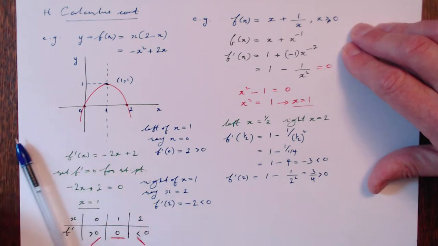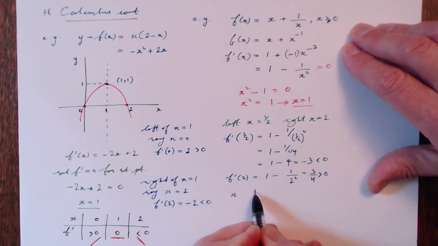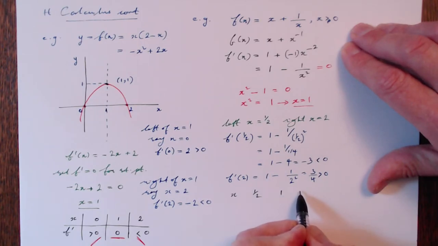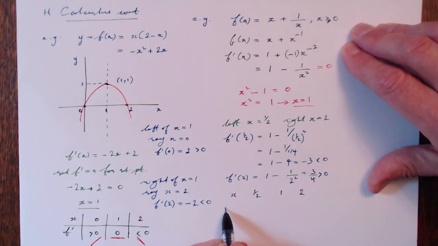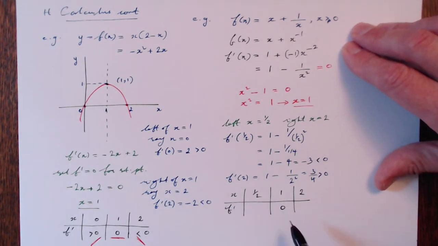So now then, when I make this little table up, I changed x from 1/2 to 1 to 2. I looked at the value of the derivative. Of course, 1 happens to be the value where the derivative is 0. That's our stationary point.